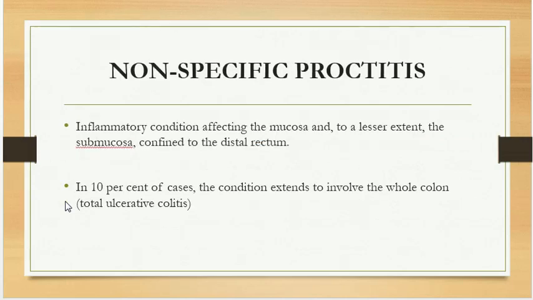Now the next step is the different types of proctitis. We can group proctitis into non-specific proctitis and specific types of proctitis. As far as non-specific proctitis is concerned, this is an inflammatory condition affecting the mucosa and to a lesser extent the submucosa, and this is confined to the distal rectum.